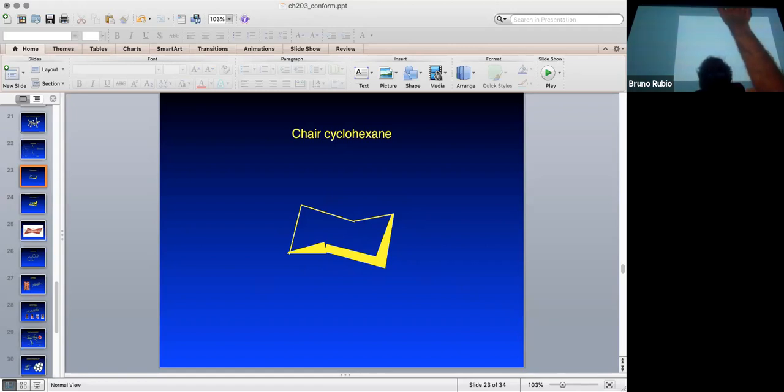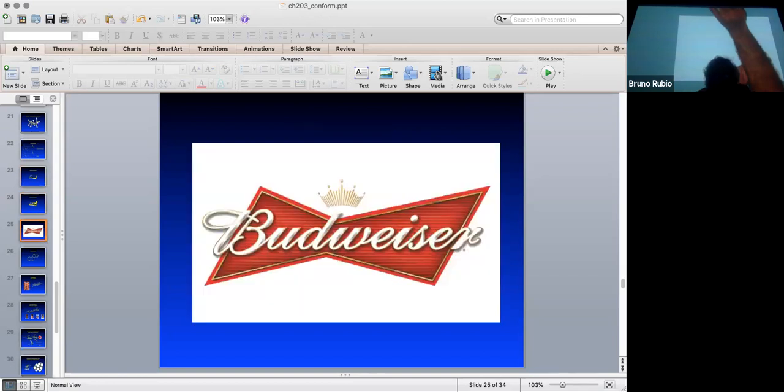This is a shape that we've seen countless times already, but it's not until this moment that we recognize what we were looking at. Where have we seen this before? Yeah, the Budweiser logo. I don't know why they have a chair cyclohexane in there, but yeah, there it is.